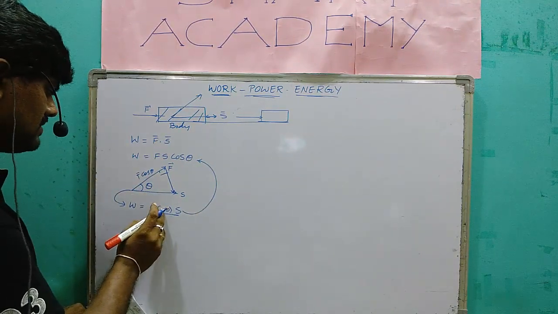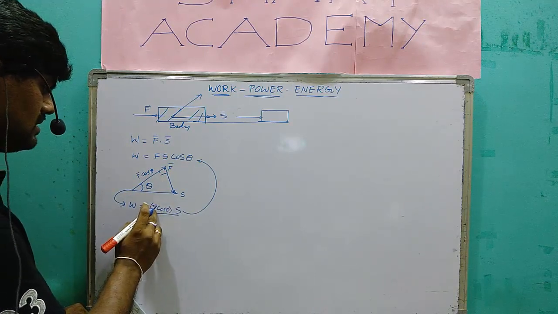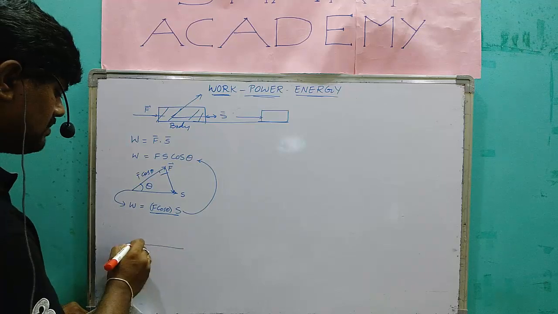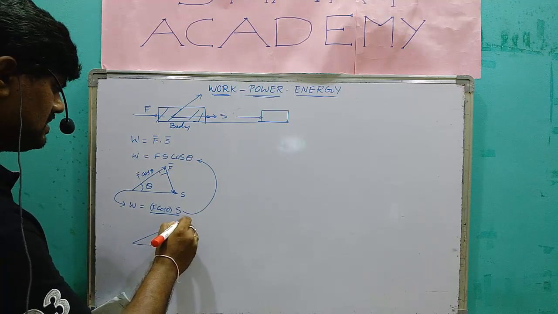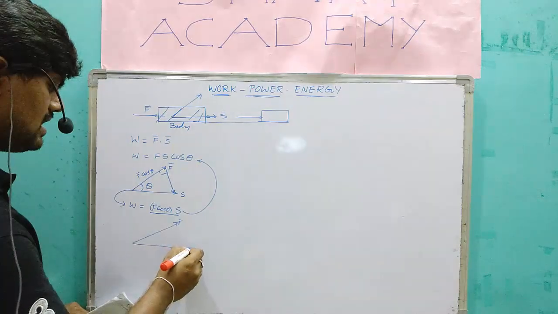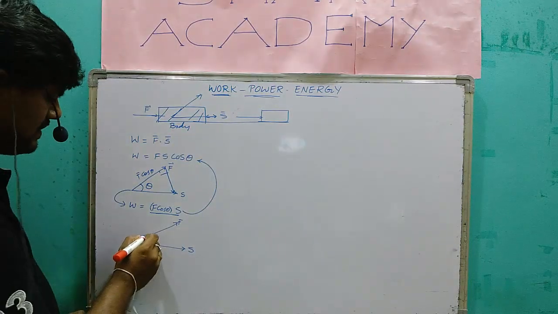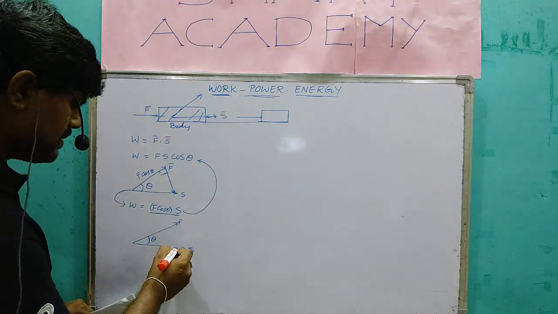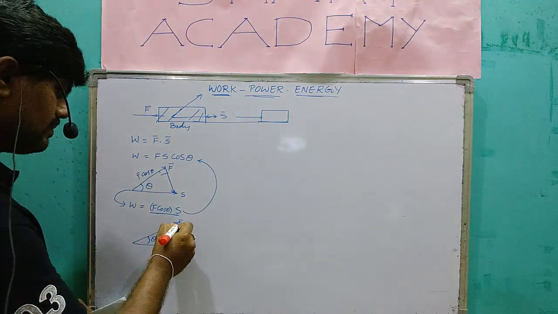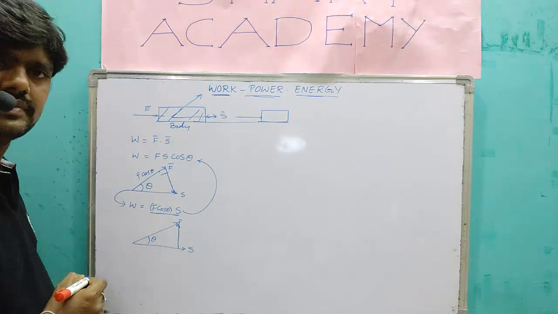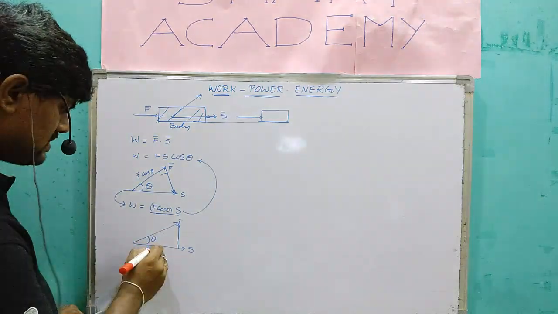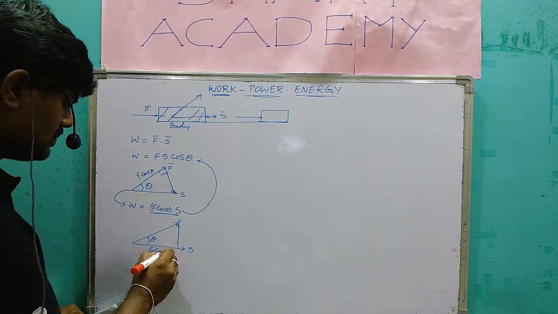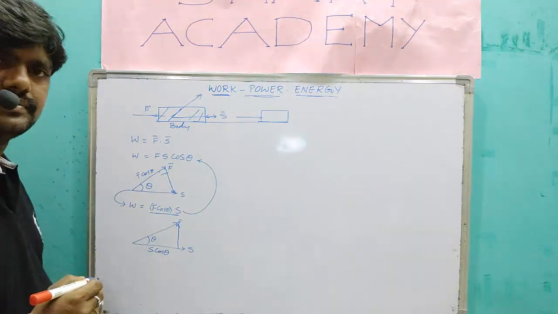Similarly, if we exchange this S and F, then for that we take a diagram like this. This is the force, this is the displacement, and theta is the angle between them. If we draw a perpendicular vector from S to F, this vector is equal to S cos theta here.